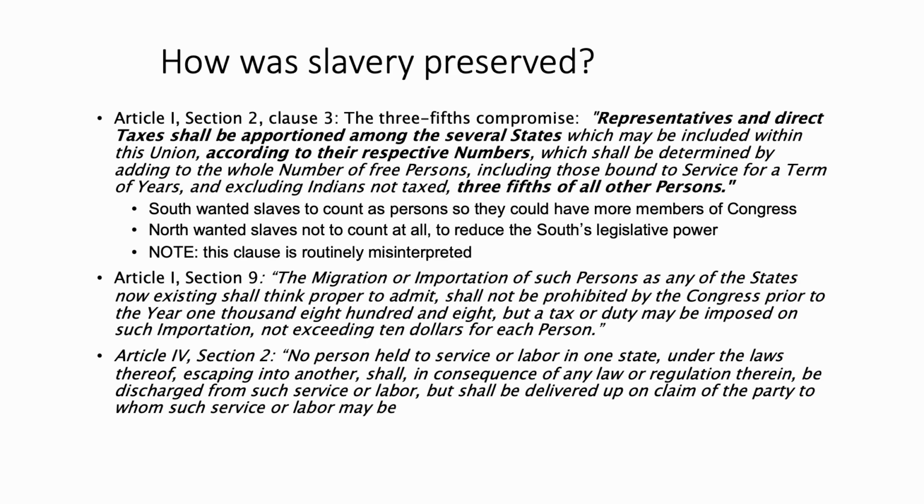And then Article 4, Section 2, which says that, in essence, if someone who is enslaved in one state escapes into another state that does not have slavery, the authorities in that state are required to turn the person back to the party who claims to own him.